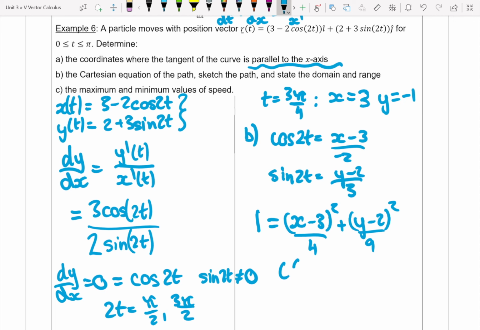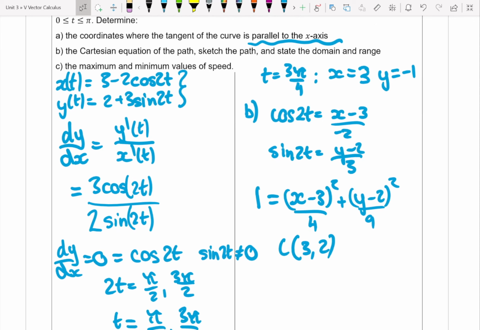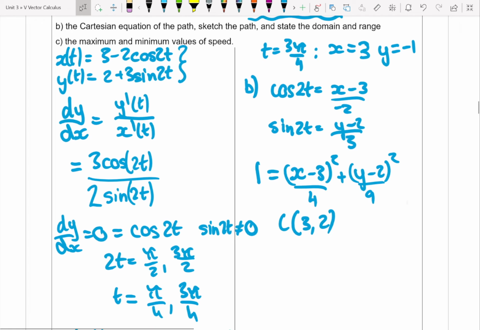So we have center of (3, 2). We have a domain of 3 plus or minus 2, which comes from our b value, and we have a range of 2 plus or minus 3, which comes from our a value.